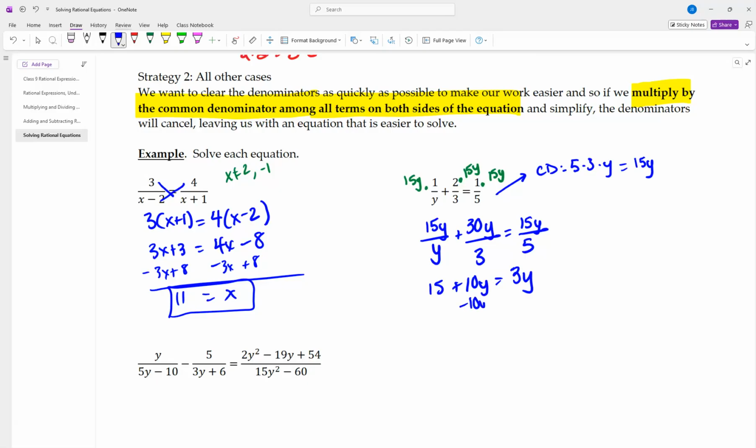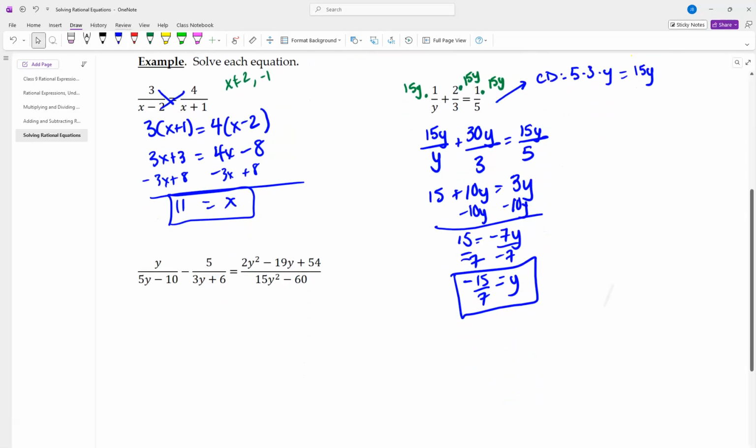Subtract 10y, 15 is equal to -7y, and then divide by -7. And I get -15 over 7 is equal to y. So that's a bit easier. Multiplying them by that common denominator really helps. It gets rid of the fractions.